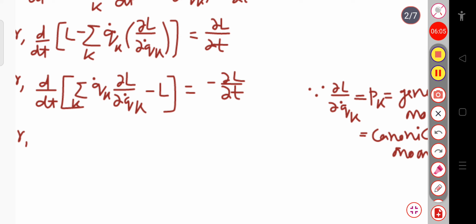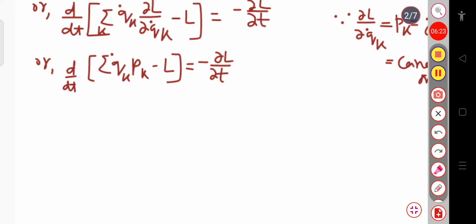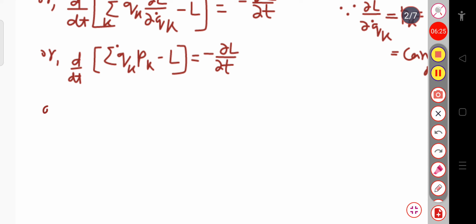Now I will write, this will be d/dt of sum over q̇k into pk minus L, and that is equal to minus ∂L/∂t. And again we can write for this expression, d/dt for this total bracket term.